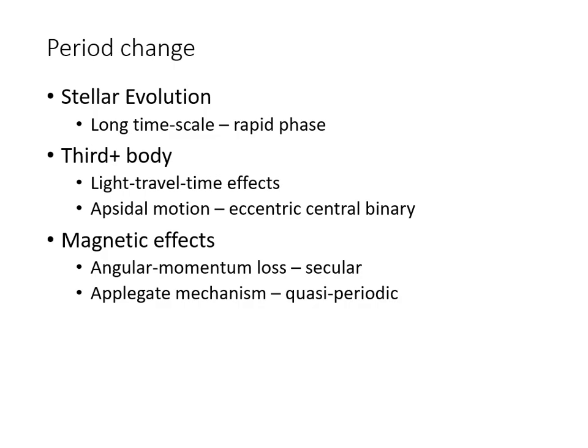Apsidal motion is where you have an eccentric central binary, and the action of a remote third body causes the central binary to precess, and that can be used to determine information about the internal structure of stars, and that's really one of the only ways of doing it.